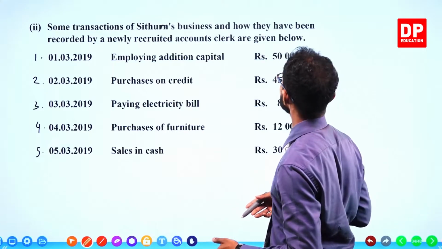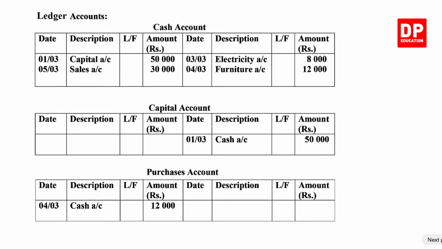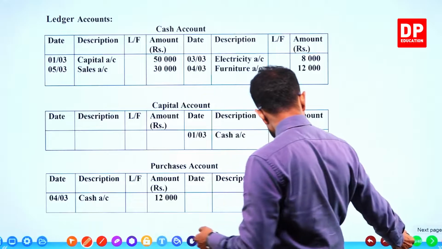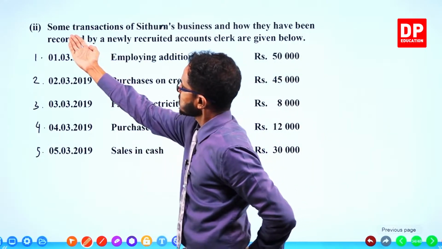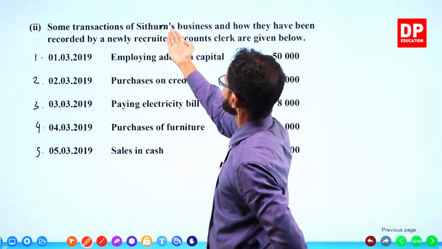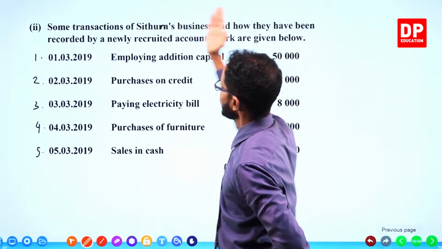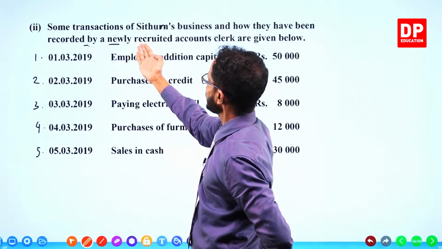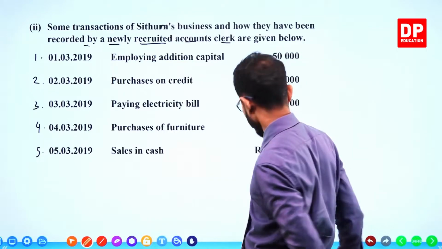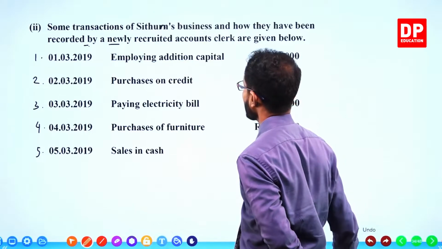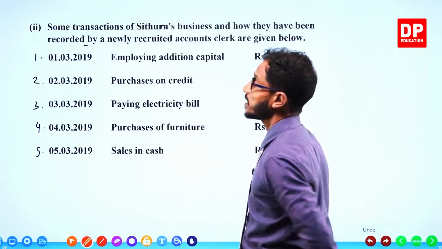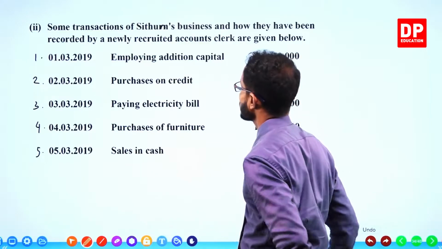What is the question? And we have some ledger accounts. Oh yeah, we have ledger accounts. They say some transactions of Situm's business and how they have been recorded by a newly recruited accounts clerk.